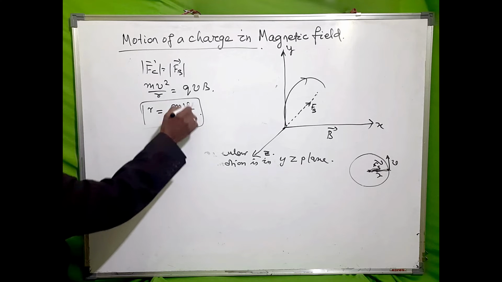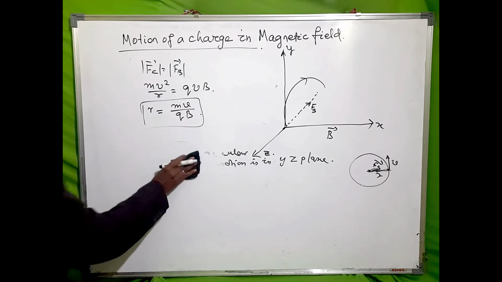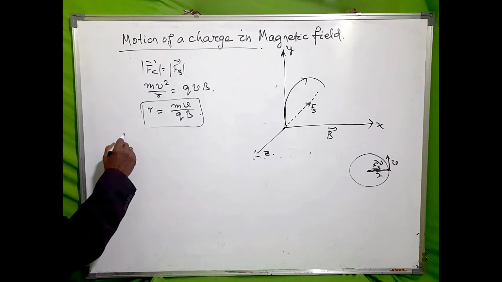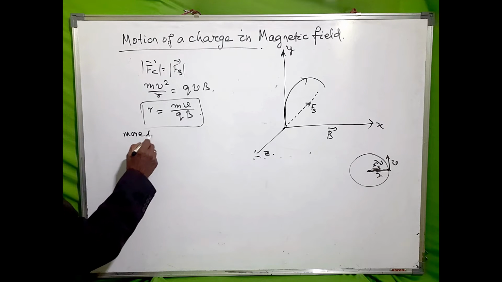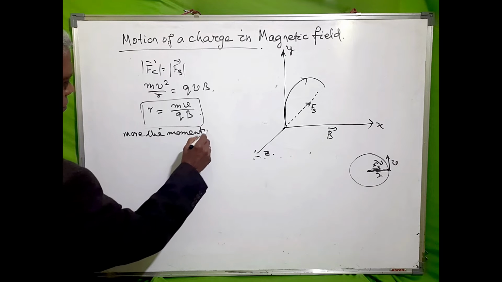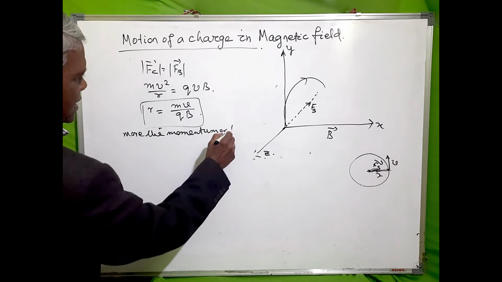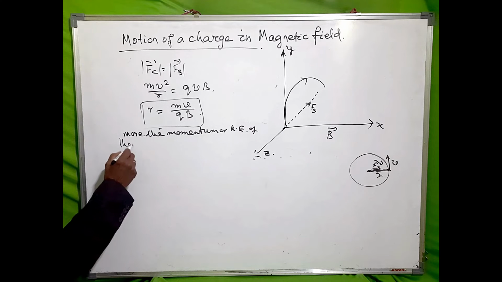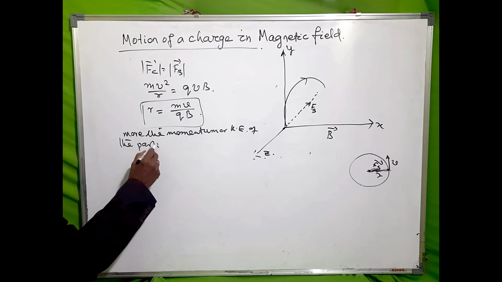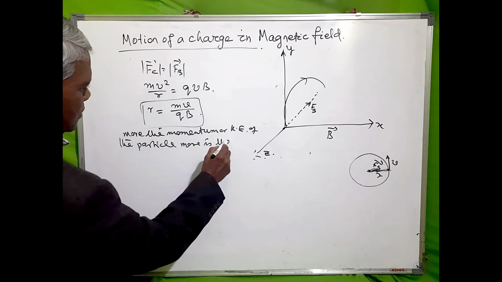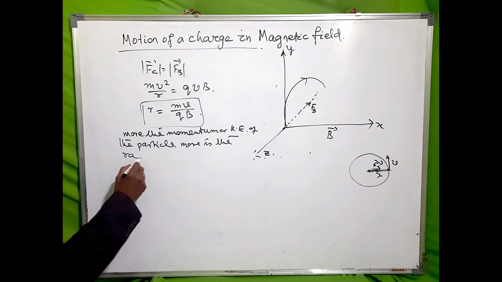Therefore, more the momentum, or kinetic energy of the particle, more is the radius of the circular path.